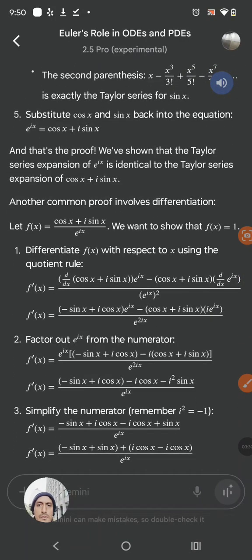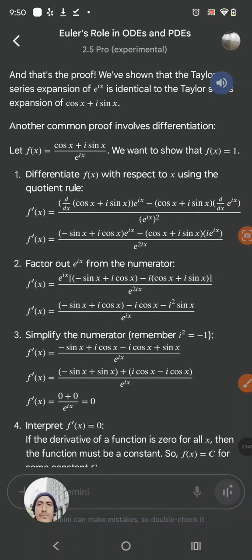Okay, it has also given another way of proof involving differentiation. So let f of x equal cos of x plus i sin x divided by e to the power ix. If the numerator and denominator are equal, then we want to show that f of x equals 1.